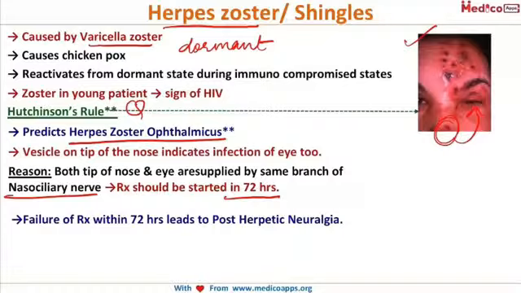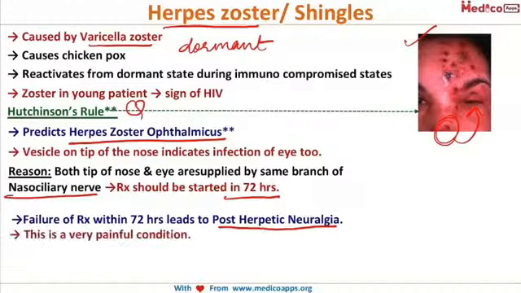It is a very excruciating pain called post-herpetic neuralgia. It occurs usually 1 or 2 months after the subsiding of the disease. If you do not treat within 72 hours, it leads to post-herpetic neuralgia.